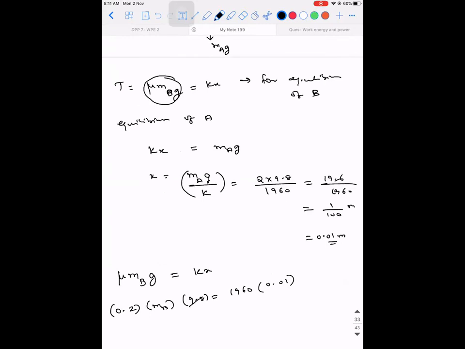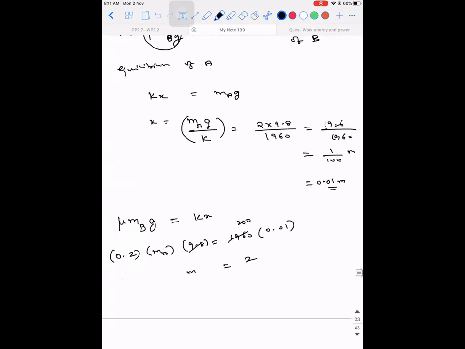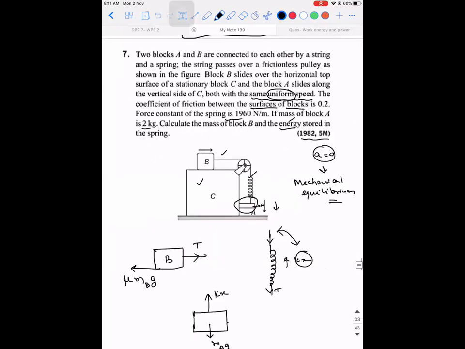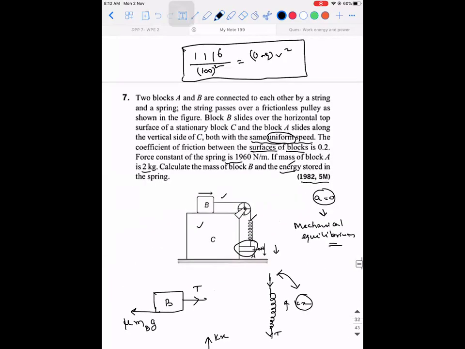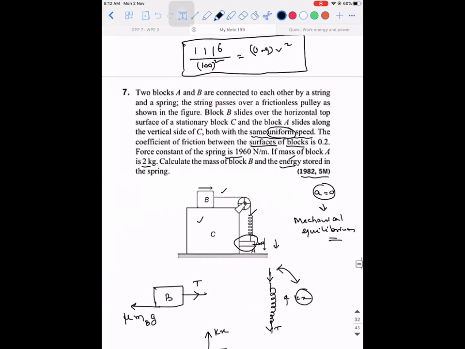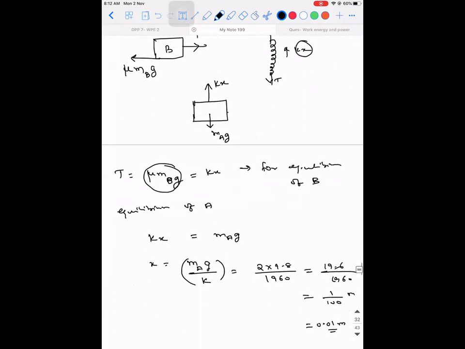So 9.8 into this will be 200, and the answer should be 2. So mB into 0.2 is equal to 2, so mB will be equal to 10 kilograms. There is no option, it's a descriptive question. So the mass of block B is 10 kilograms.